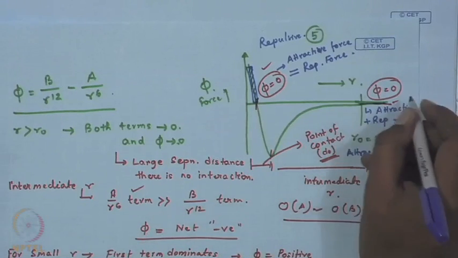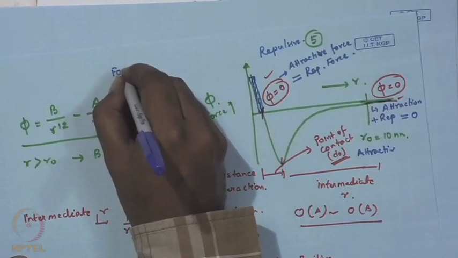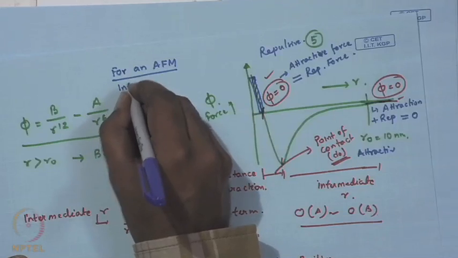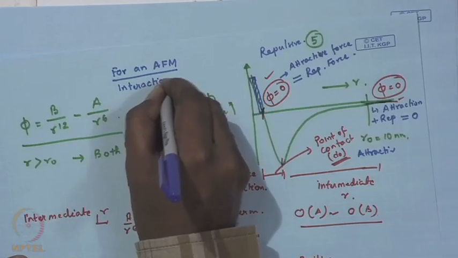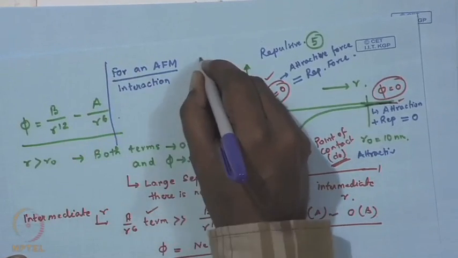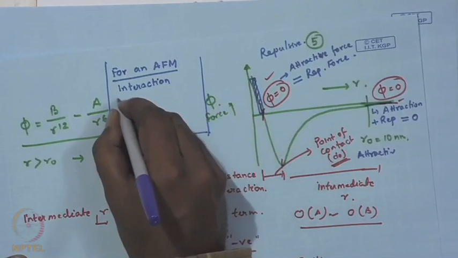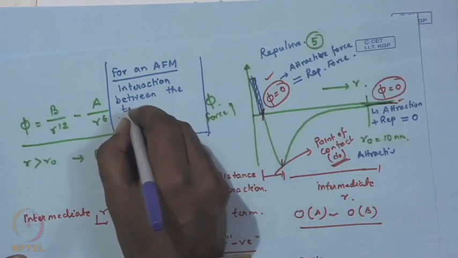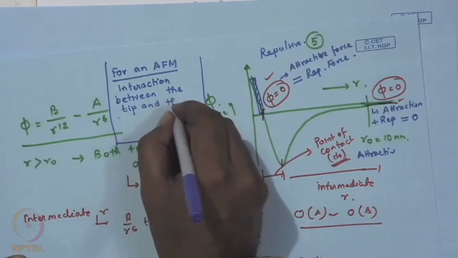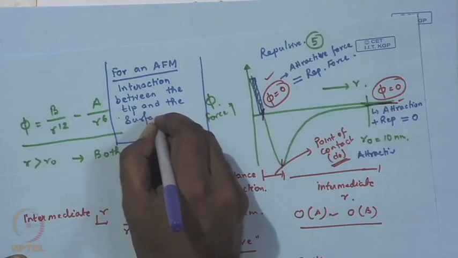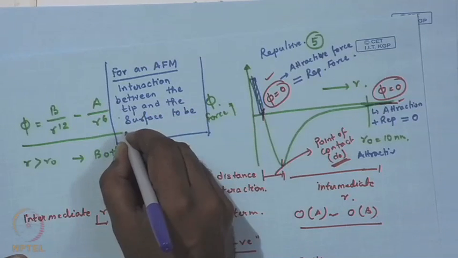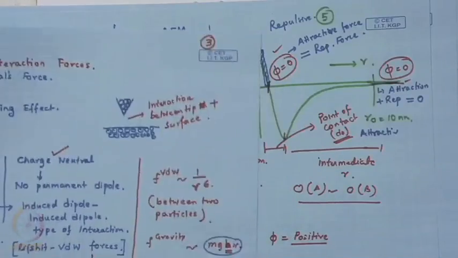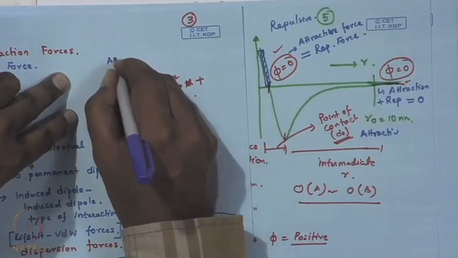This also represents, for an AFM, the interaction between the tip and the surface to be scanned, because if you look carefully, this is the configuration of an AFM.